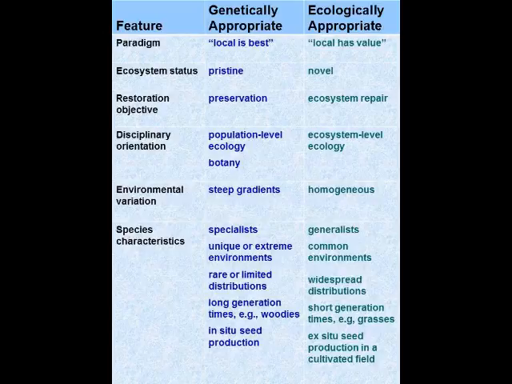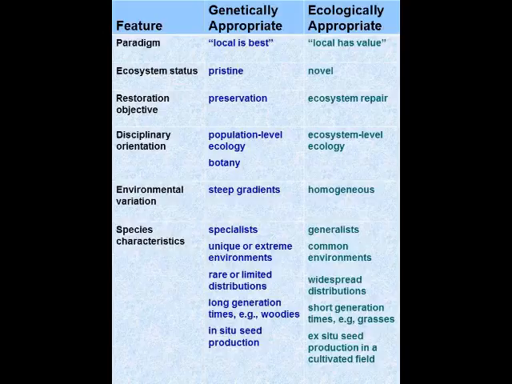So in contrasting these two paradigms, genetically appropriate and ecologically appropriate, for various features as shown in the left-hand column. The paradigm for genetically appropriate, local is best. For EA, local has value. For GA, we're talking more about pristine ecosystems, and for EA, novel ecosystems, and I'll be talking more about novel ecosystems tomorrow. The restoration objective for GA plant materials oftentimes is a preservation objective, and that's what R.C. mentioned.